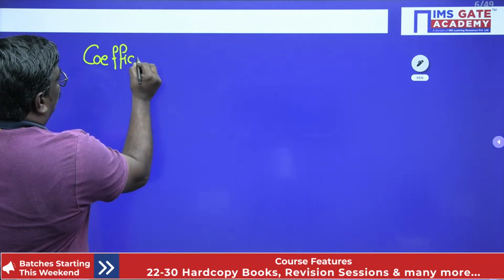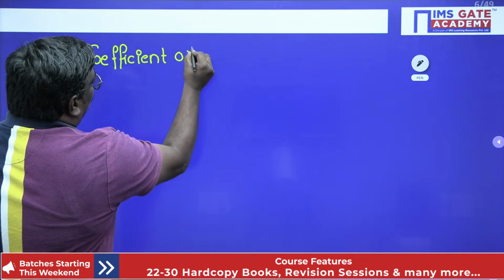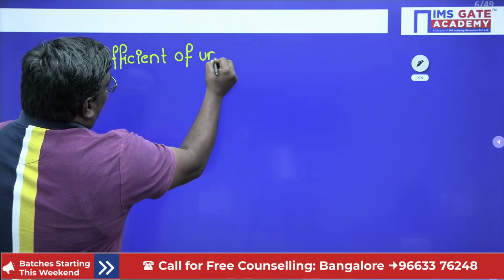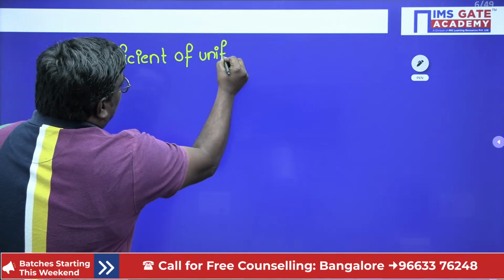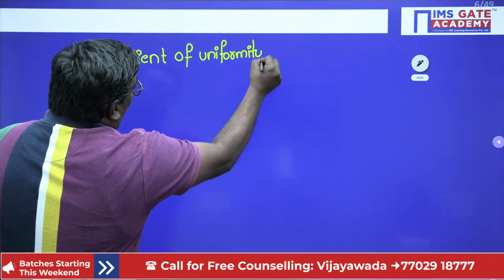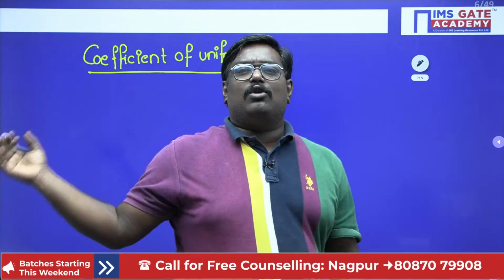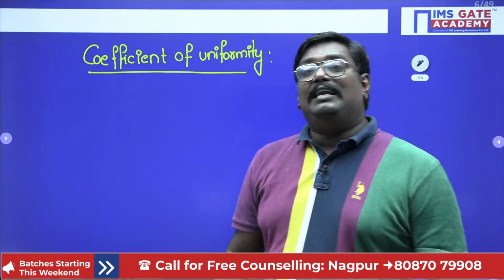Now, why do you want to study the coefficient of uniformity? You told me, students, that the coefficient of curvature helps you find the shape of the curve. Now, why do you want to learn the coefficient of uniformity?